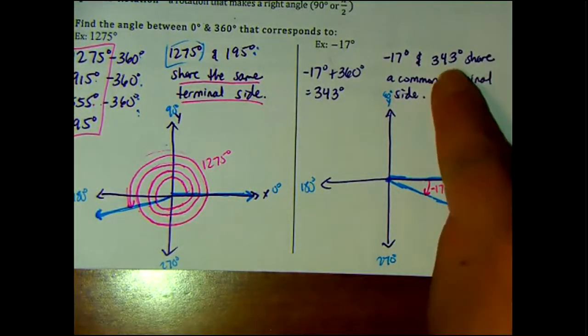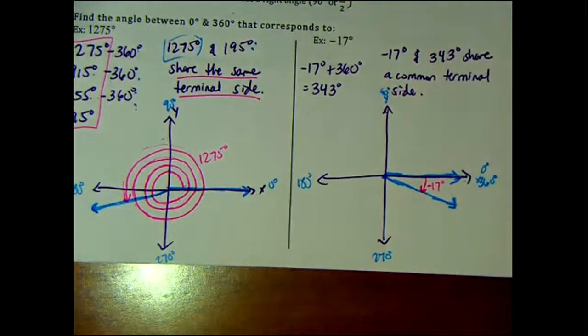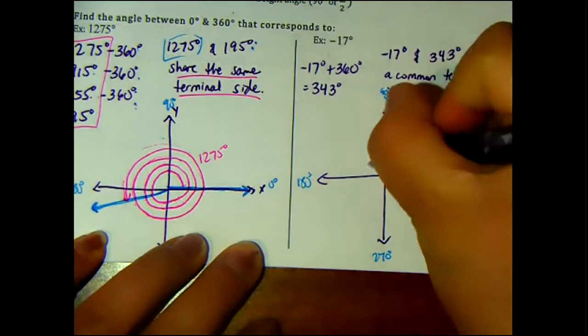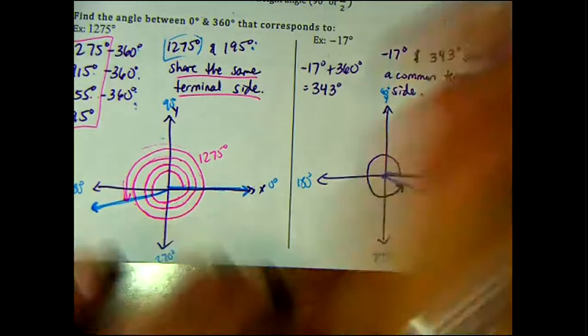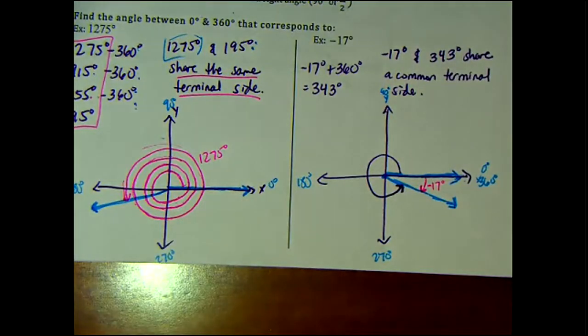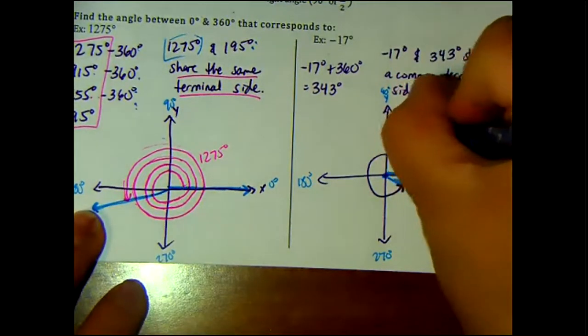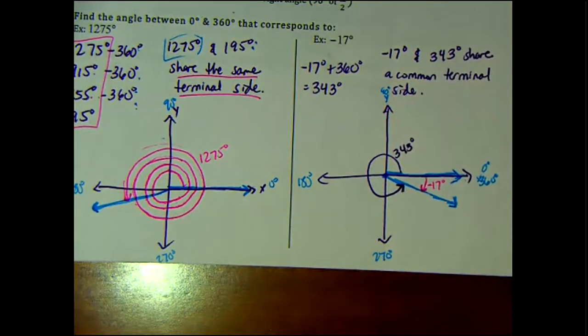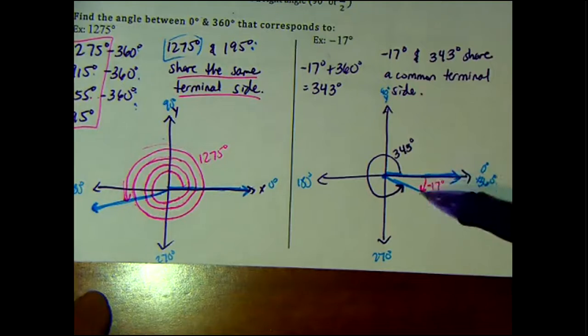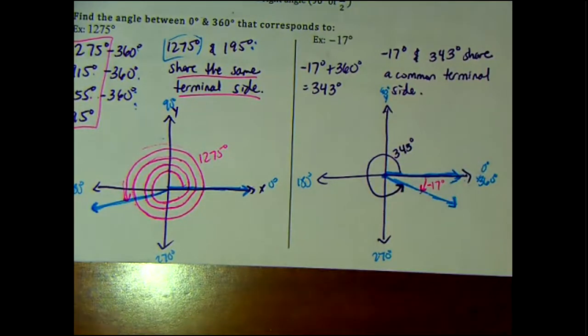But if I graph the positive 343 degrees, that would be that guy right there. So if you went negative, that would be it. If you went positive, that would be it. And we don't show those revolutions because there weren't any real revolutions. They essentially end at the same terminal side here.